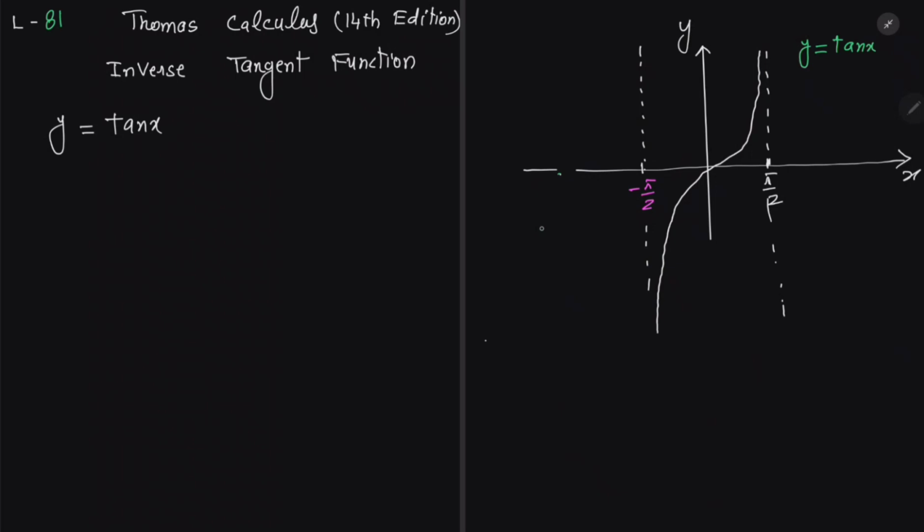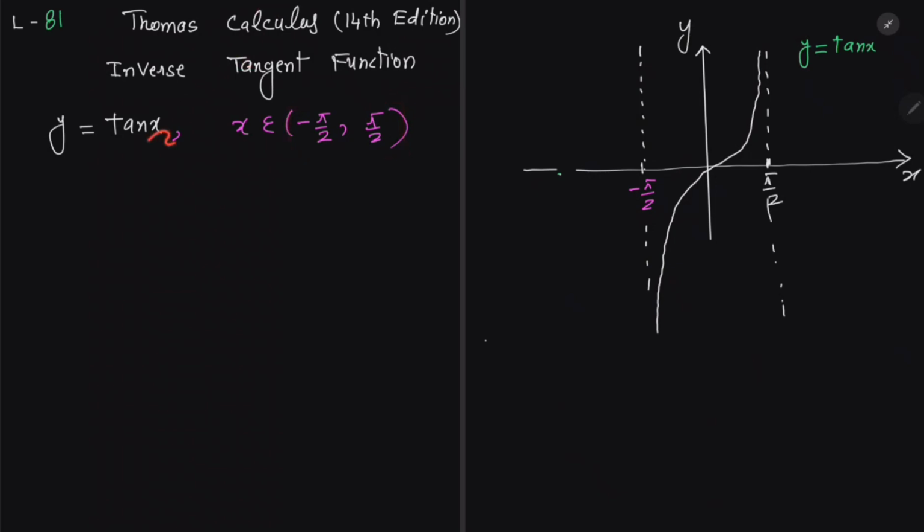So y is equal to tangent x has a domain in the open interval minus pi by 2 to pi by 2. It should not be a closed interval, the reason being that minus pi by 2 and pi by 2, the endpoints, are the discontinuous points over here.